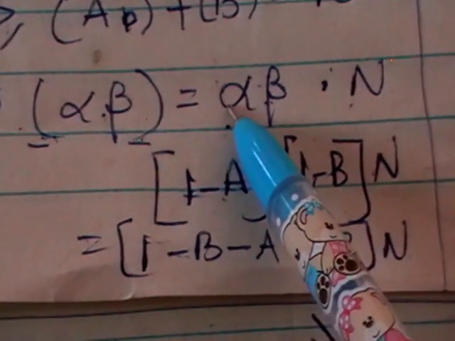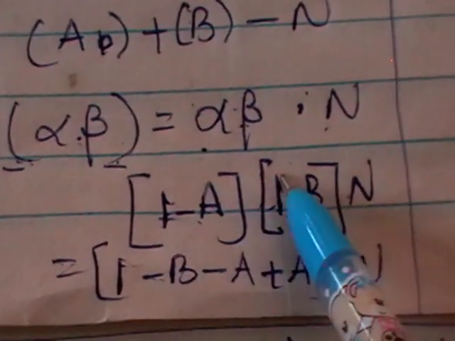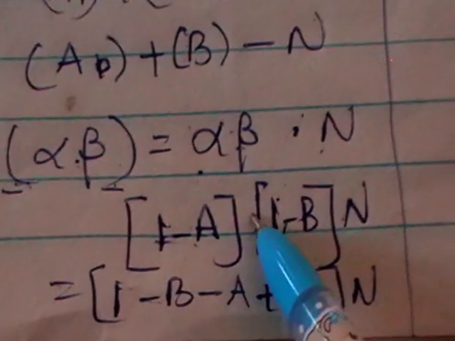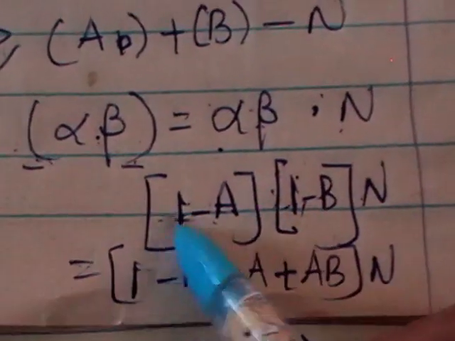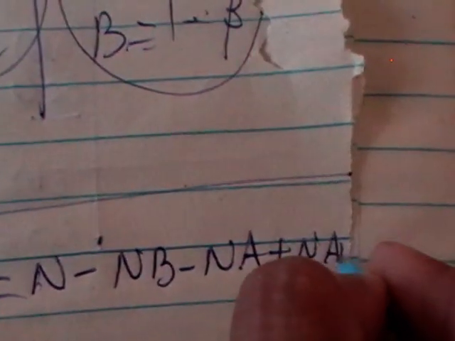Alpha is equal to 1 minus a, beta is equal to 1 minus b. I have substituted those two and multiplied. So we got alpha beta equal to 1 into n gives simply n, b into n means nb, minus na plus nab.